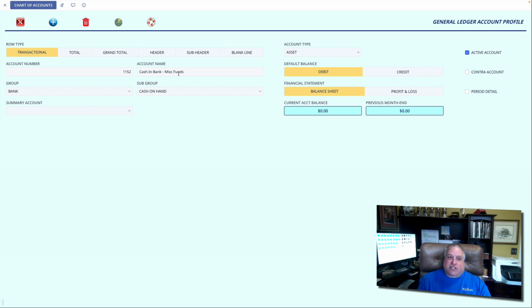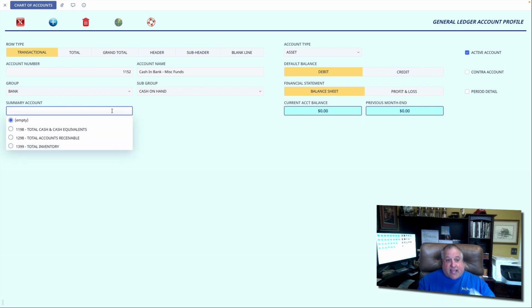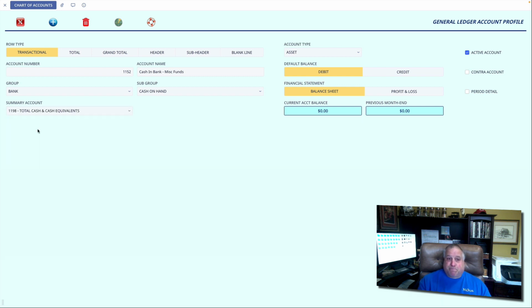So if we would do financial statements at the transactional level, we see each individual account. But if I want to roll that up and just see, let's say, middle level summary financial statements, I can have all of these types of accounts roll up to my total cash and cash equivalents.